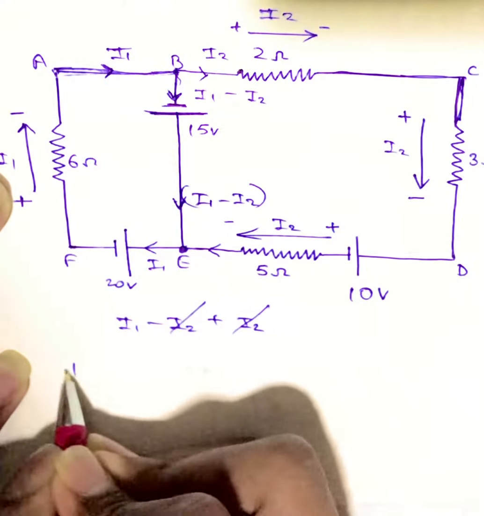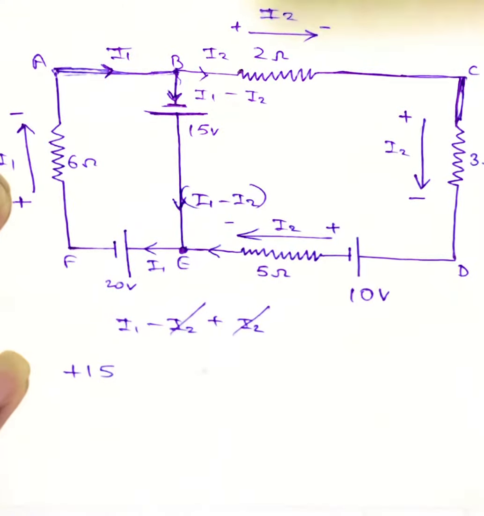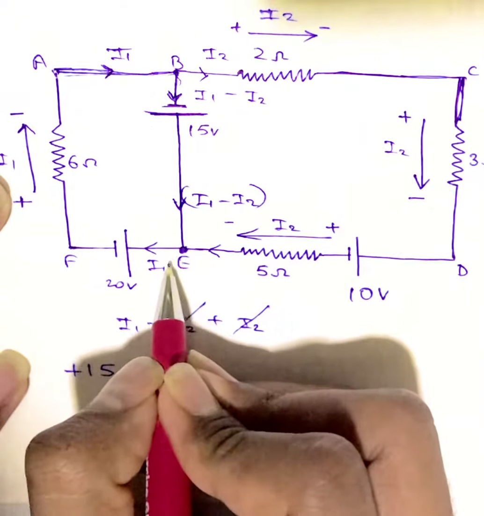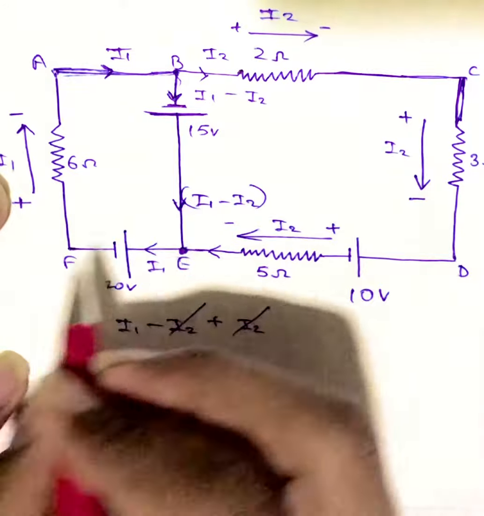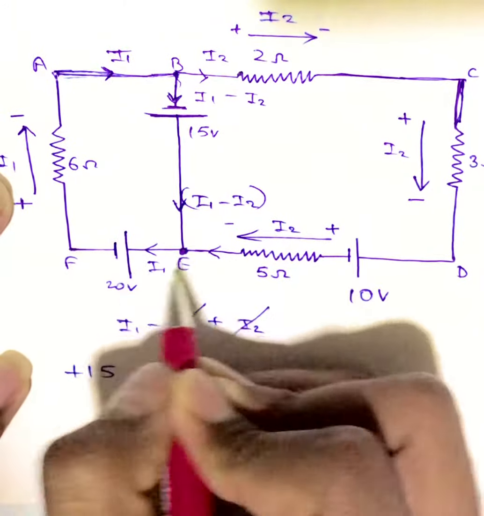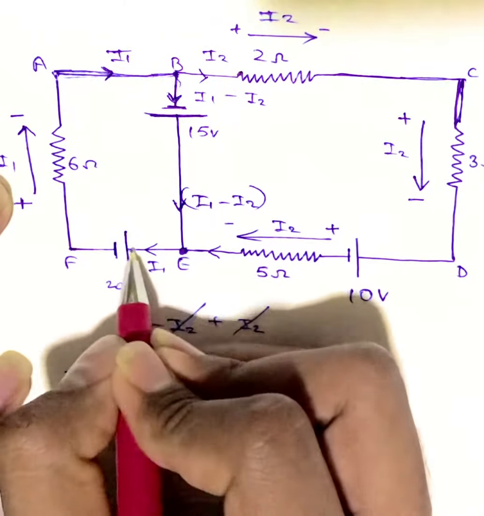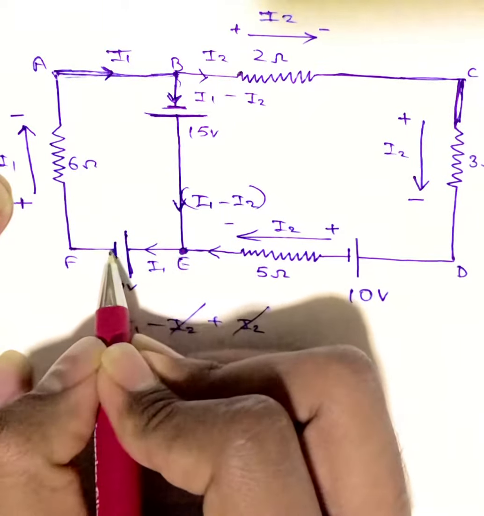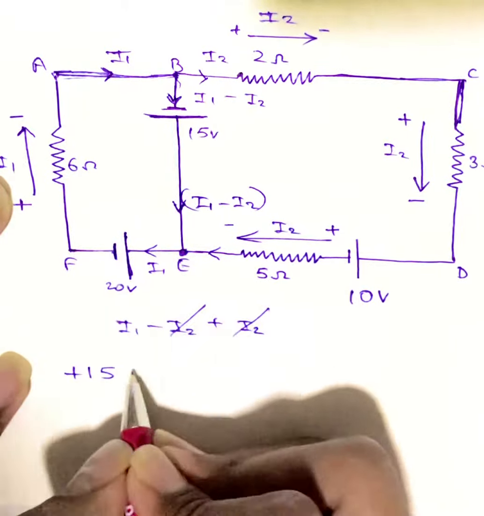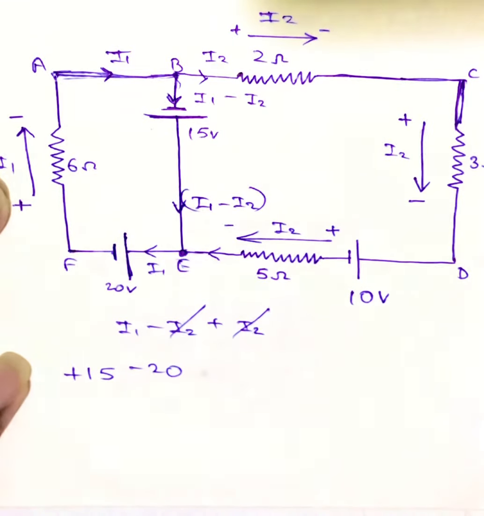Therefore plus 15. Now when we move from E to F, there is a potential difference of 20 volts. We don't consider the first sign, we consider the negative second sign, therefore minus 20.